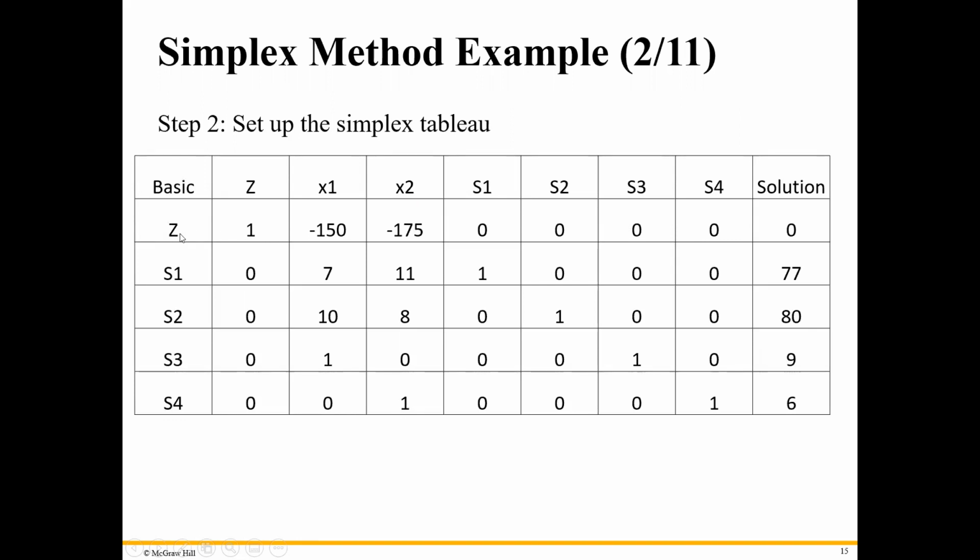In the next step, we will look at the first row, which is this z row. In this first row, we will have certain negative values. There are two values, minus 150 and minus 175. The most negative value is minus 175. So we will choose this most negative value and the corresponding variable, which is x2.